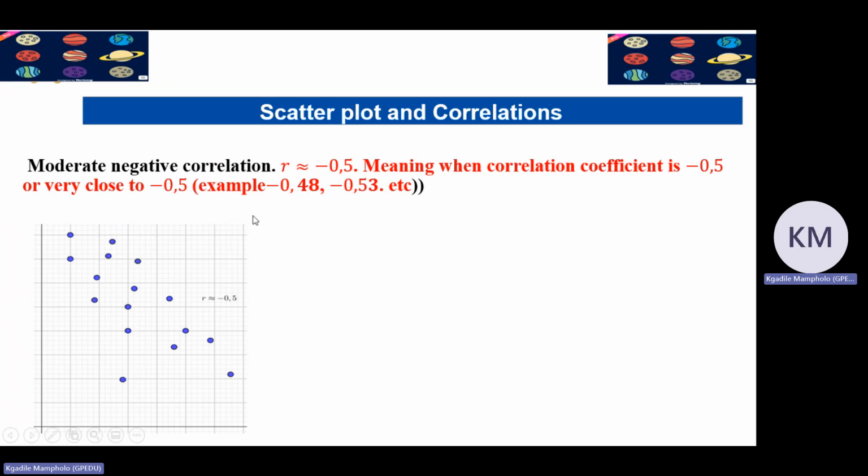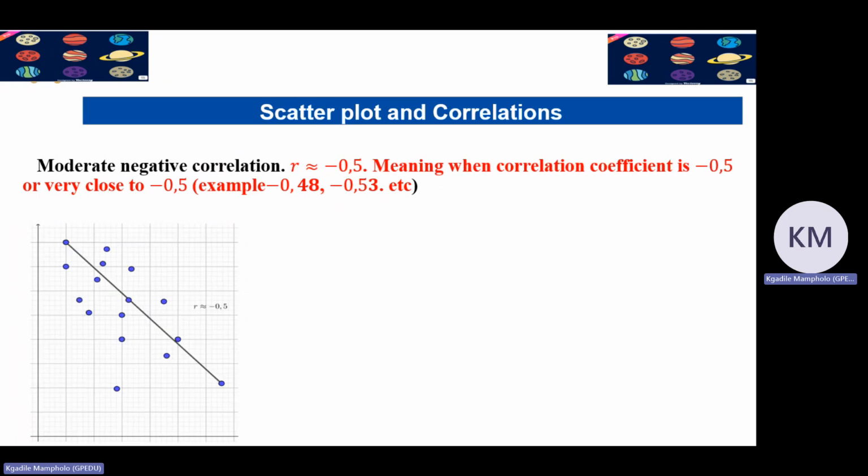So if you use a calculator and you get that your R is negative 0.5 or any number closer to negative 0.5, then you'll say there is a moderate negative correlation if they ask you about the strength of the correlation.